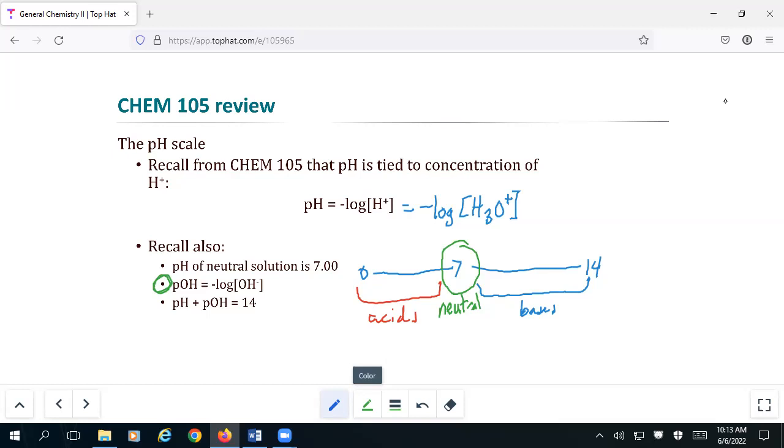The reason for that is the nature of hydronium and hydroxide. They are basically the two conjugate products of water. And so when they are equal to each other, when we have neutral water, that's where we get our pH of 7.